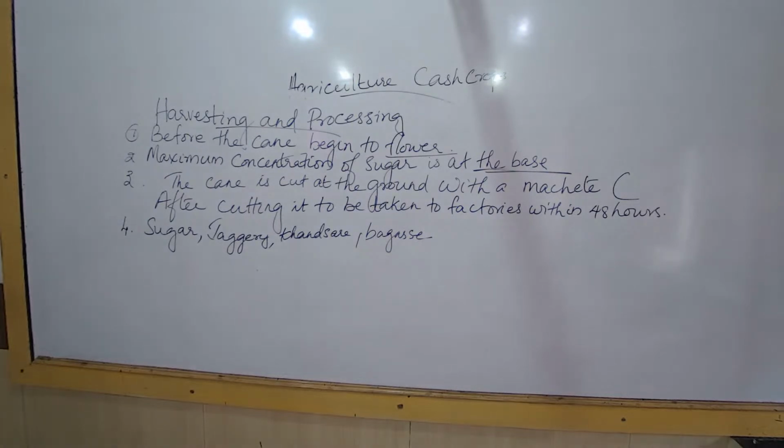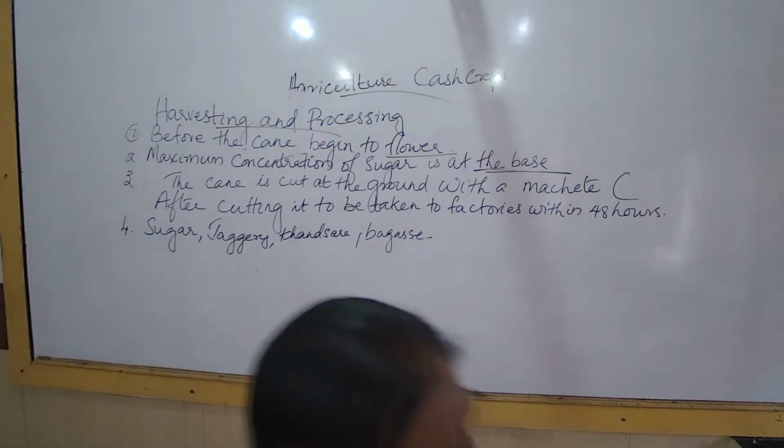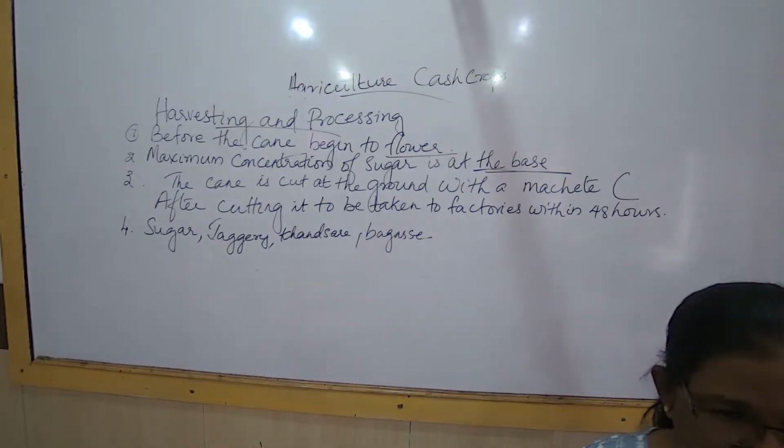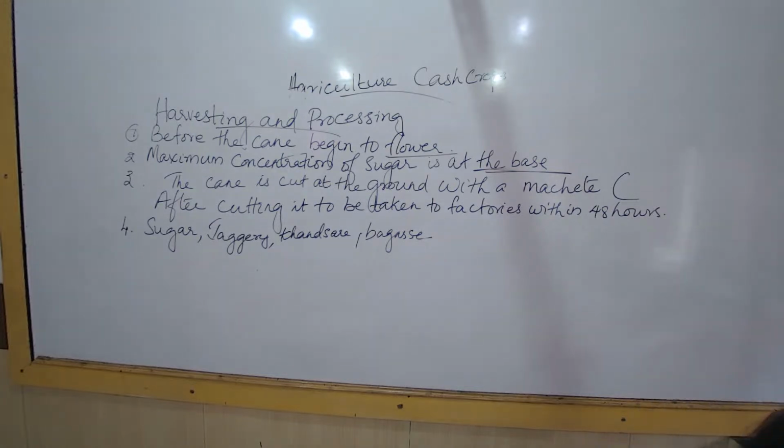Maharashtra. Actually, the largest producer of sugarcane is Uttar Pradesh. Then there is a shift to the southern part.